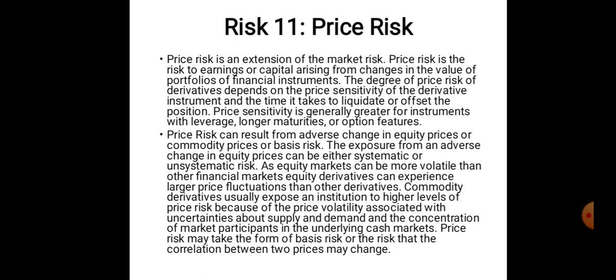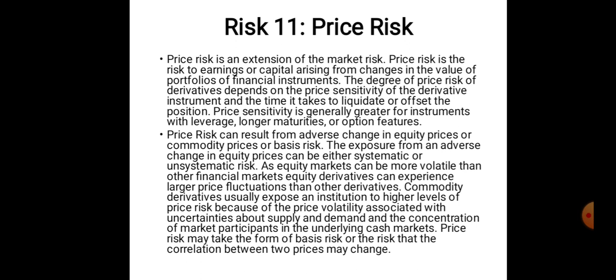That is, price risk is purely related to the systematic and unsystematic risk which I already told you. As equity markets can be more volatile than financial markets, equity derivatives can experience larger price fluctuations than other derivatives. That is, equity derivatives are one of the riskiest avenues, that is stocks, stock futures, stock options, right?